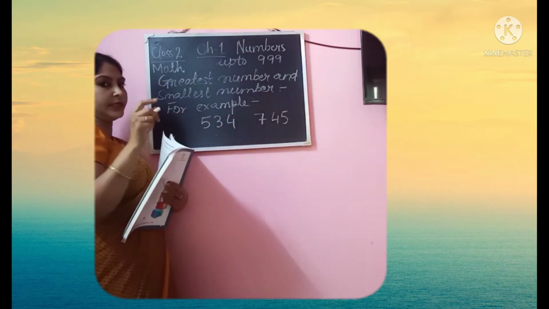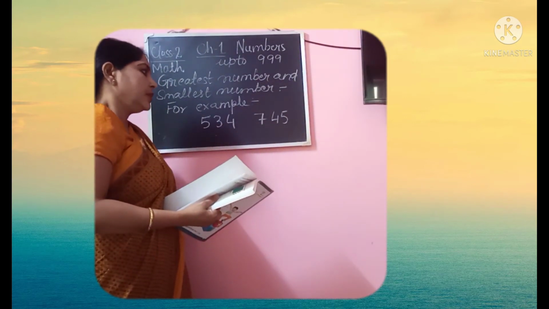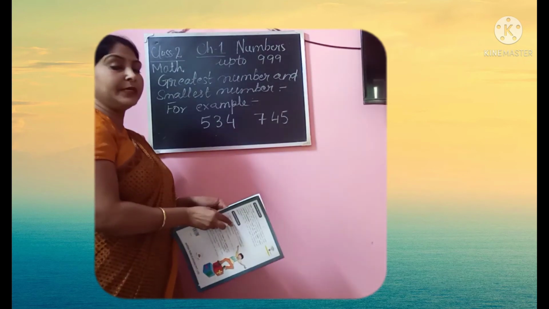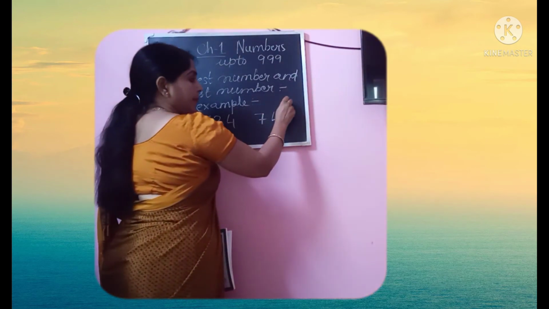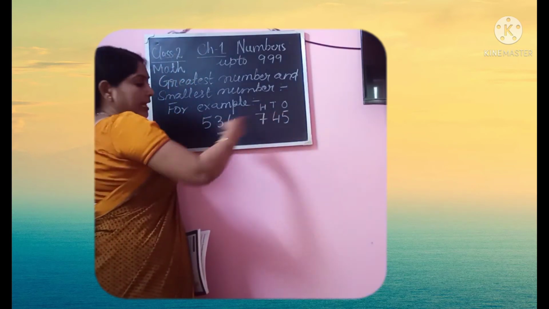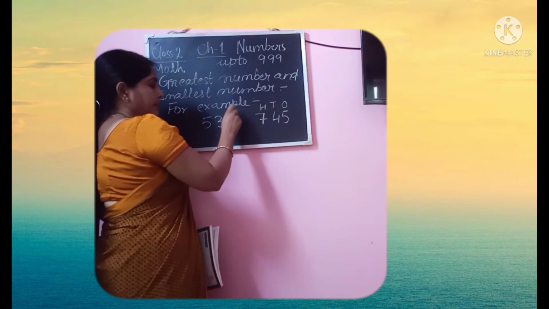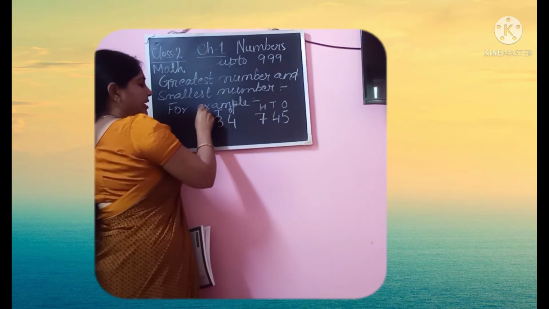These are the two numbers. Let us first write the place value of these two numbers. Because both the numbers are 3-digit numbers, they both have ones, tens and hundreds place. Here also we will write.